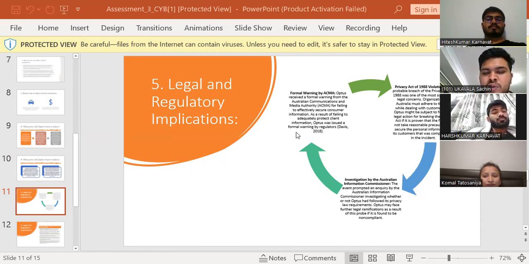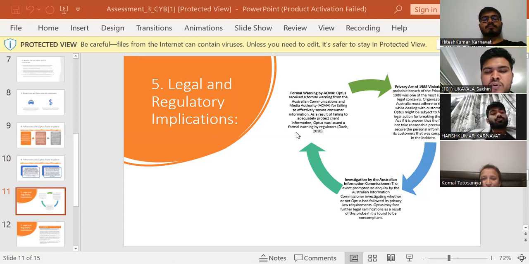Optus might be subject to fines and legal action for breaking the Privacy Act if it's proven that the firm did not take reasonable protection to secure the personal information of its customers. This led to an investigation by the Australian Information Commissioner.